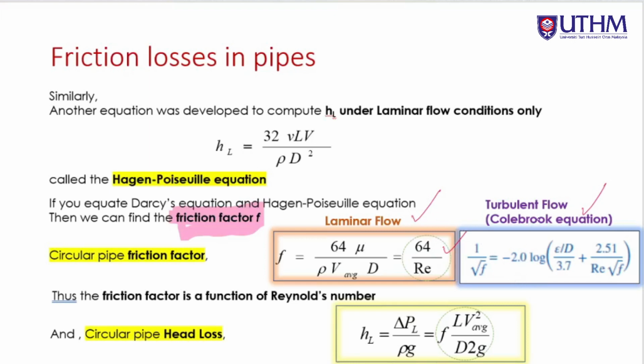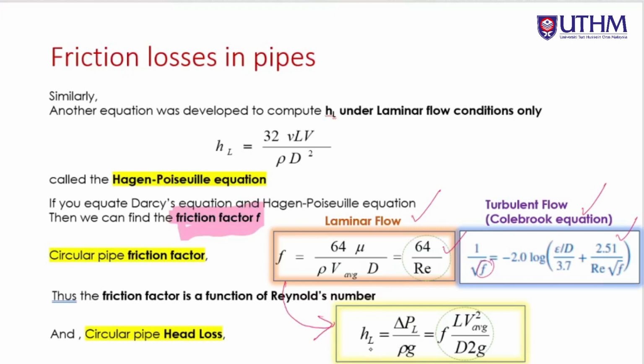And if it is turbulent, we can use the Colebrook equation, in which this gives the friction factor that we want. Why do we need to find this friction factor? Because we will use it again in the head loss formula. Head loss due to friction, the friction losses.